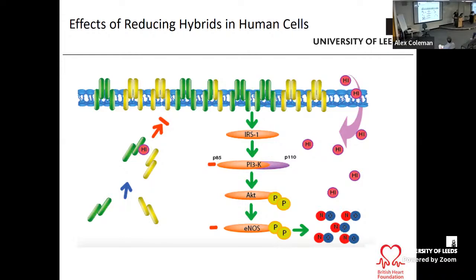And this affects the amount of this insulin receptor substrate, it reduces the amount of this kinase, increases phosphorylation of these proteins, which leads to more nitric oxide being produced in your cells. This nitric oxide is really important, has lots of cardiovascular benefits, improving vascular health. So we think that our molecule identified using these approaches is having a real positive effect on human cell health, and we hope to take it forward into mouse models.